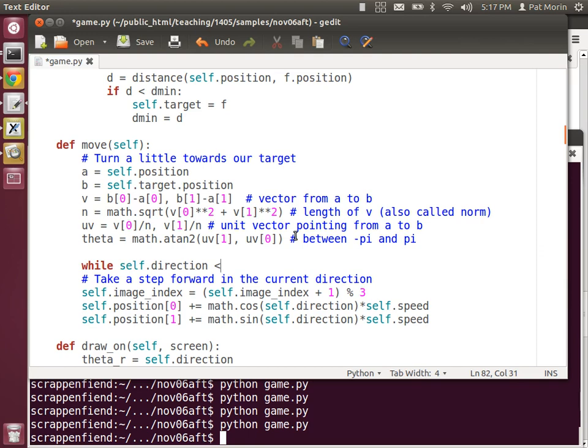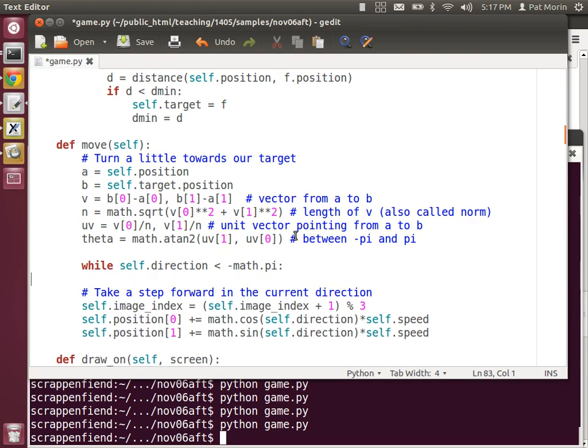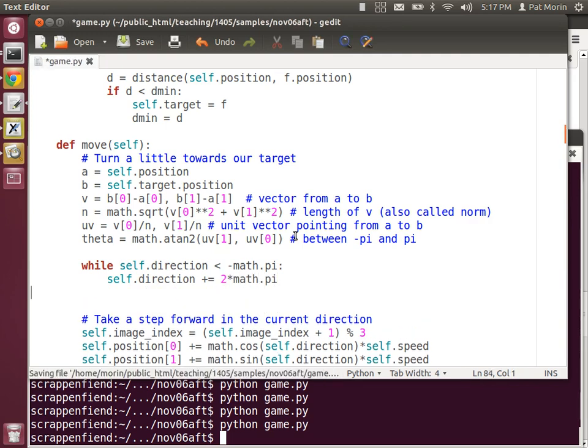Now, I would like my direction to be also between minus pi and pi. So I'll put in a really ugly, hacky piece of code that takes care of that. It's not the best way to do it, but it'll really make sure that it works.